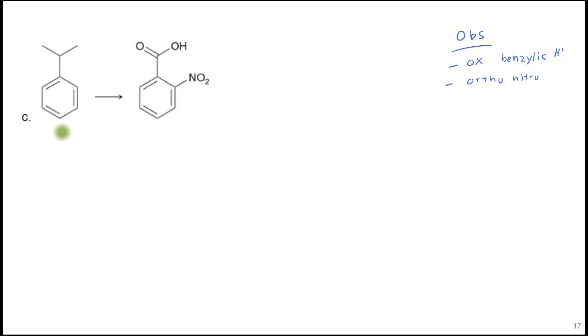So I am going to add my blocking group. So I have SO3H. And then I can add my nitro group. And the thing that is driving the bus here is the isopropyl group, because that's the activator. The SO3H is the deactivator. And I want that to go ortho, and that works out just fine for me.